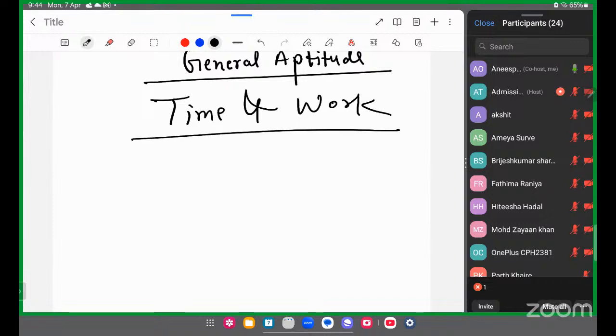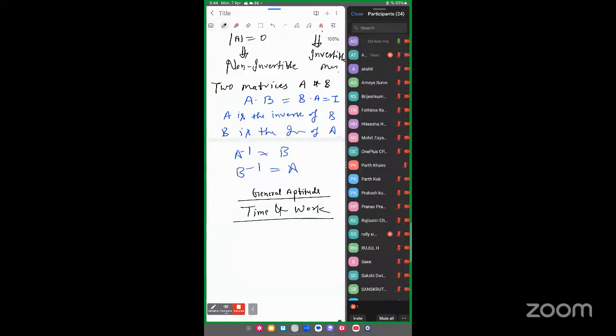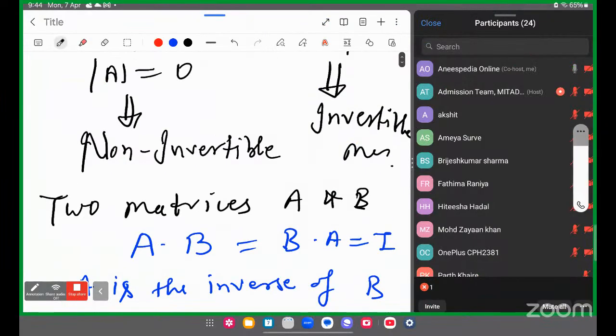There may be different types of questions in this topic. They may be easy, moderate, or difficult. The core concept will be the same for all the questions.